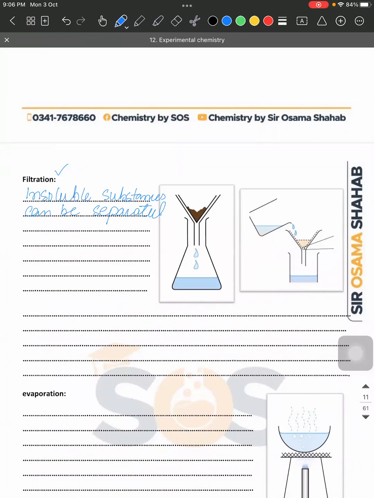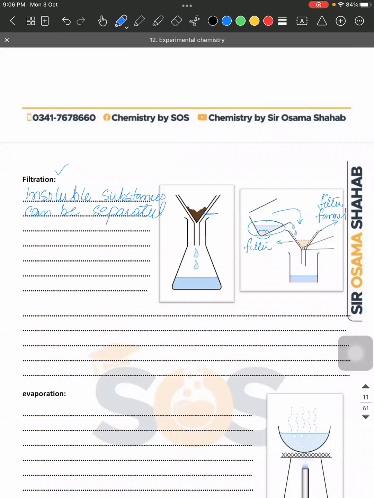Now, for example, if you have a mixture over here, in this mixture you have some substance which is insoluble. So you pass all this mixture through the filter funnel and filter paper. This is the filter funnel, and this dotted diagram is the filter paper.